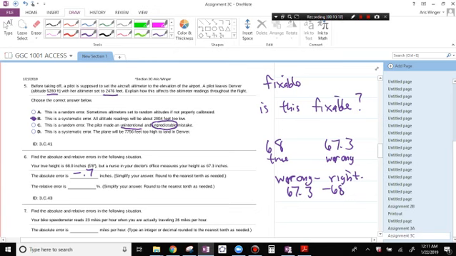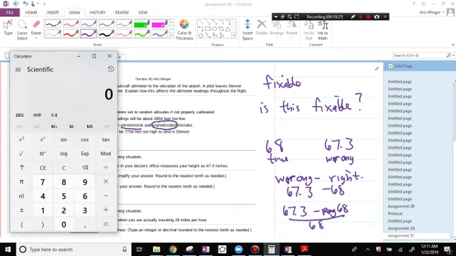The relative error is exactly what we would expect. You would then take the wrong minus the right, all over the right. So then it would be 67.3 minus 68, and then divide that by 68.